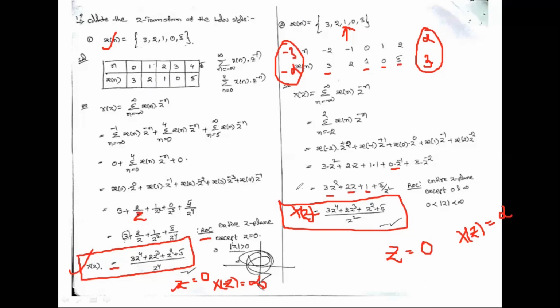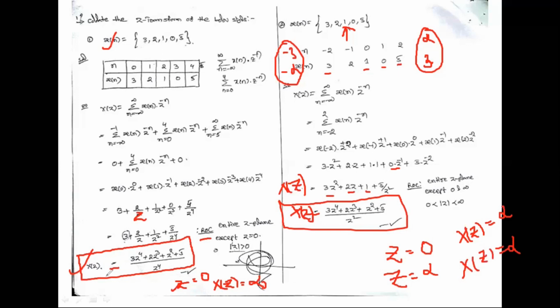Or otherwise, if you take this function x of z, now z is infinite here. If you take z is equal to infinite, the last term becomes 0, and this value becomes infinite. So x of z is also infinite when z is equal to infinite.